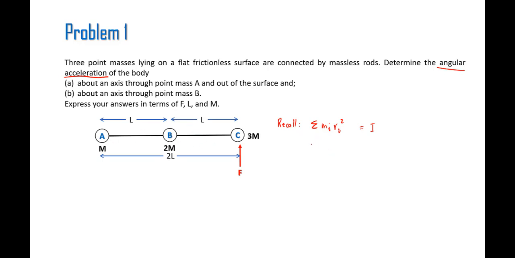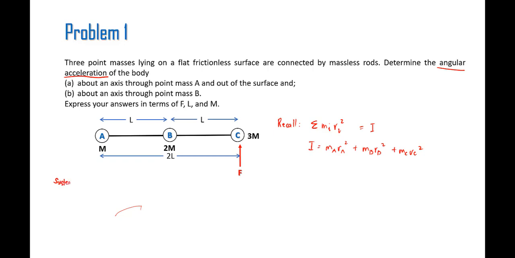For example, I is equal to m sub a r sub a squared plus m sub b r sub b squared plus m sub c r sub c squared. Okay, so let's start with system A.